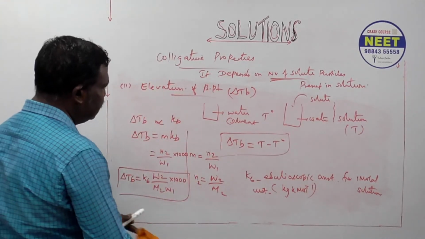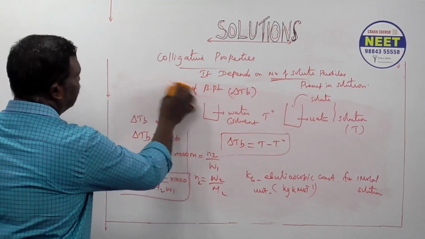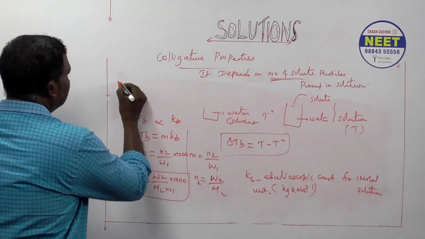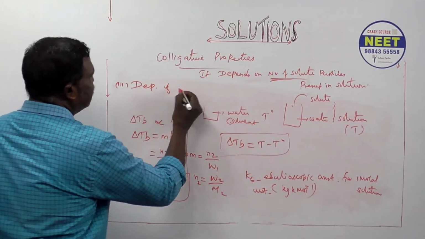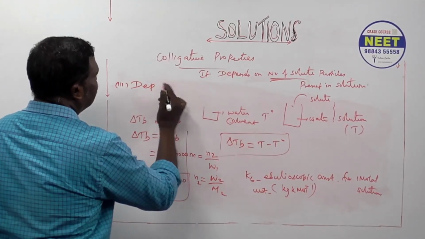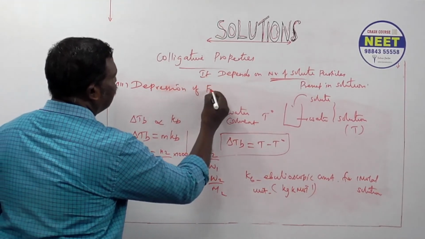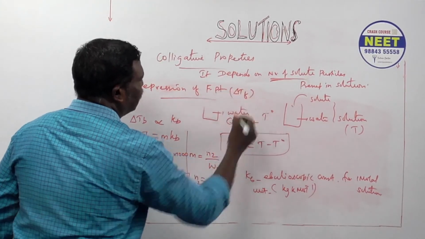The third property is depression of freezing point, del TF.